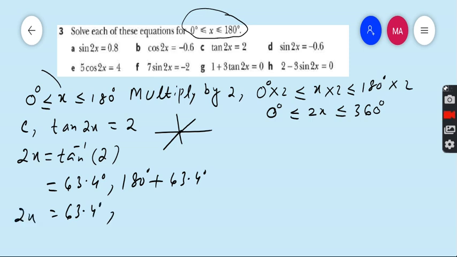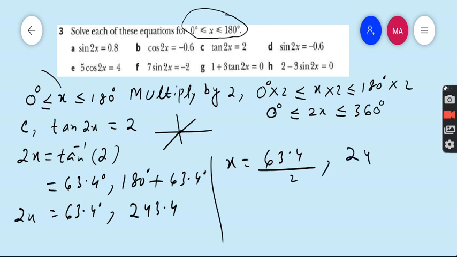What is the answer? Answer is 243.4. Hence, we should divide both values by 2.